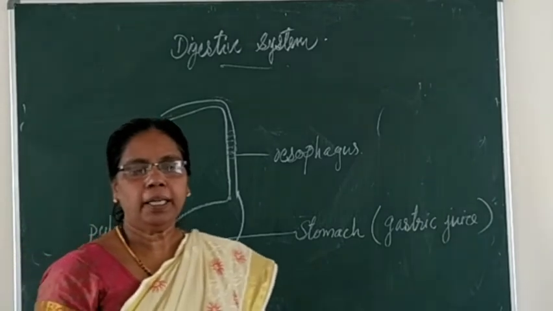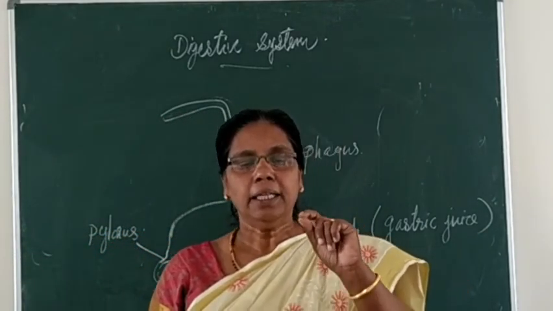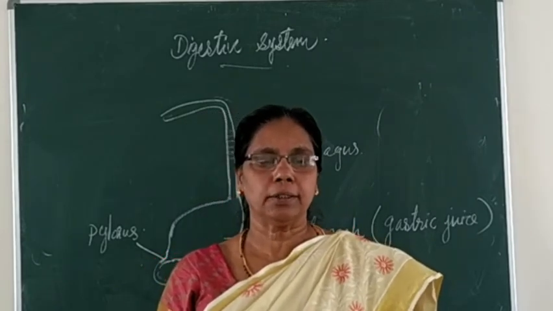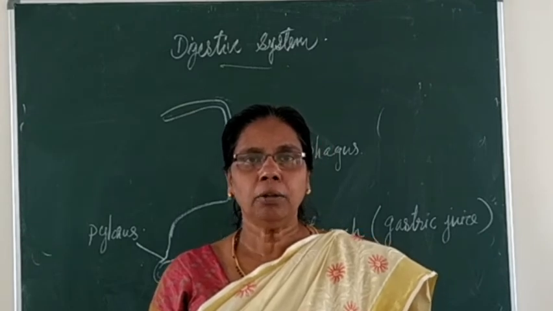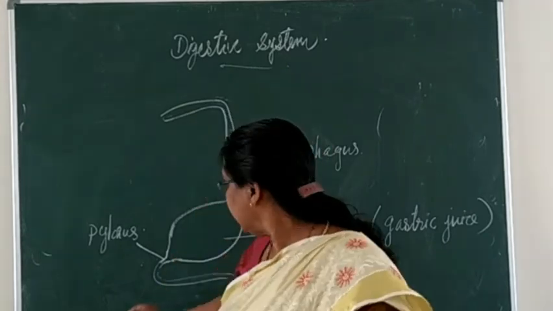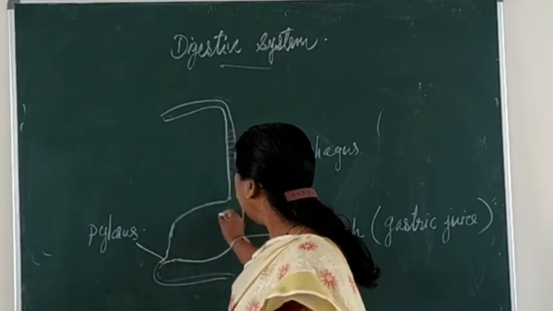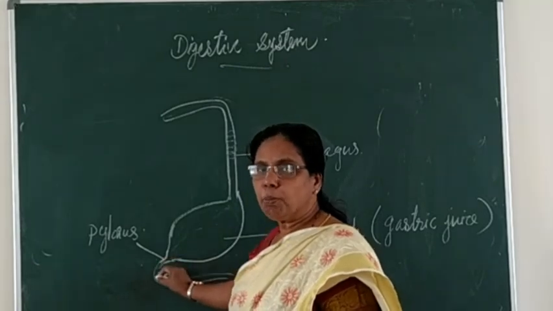So the opening of the stomach to the small intestine is called as what? Pylorus. So what is its function? It won't allow the food until it is completely digested. Only then does it allow the food to go into this small intestine.